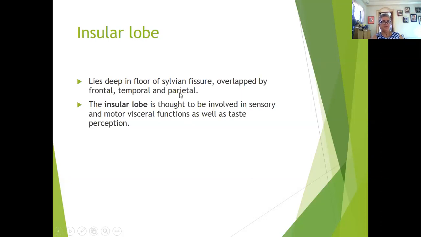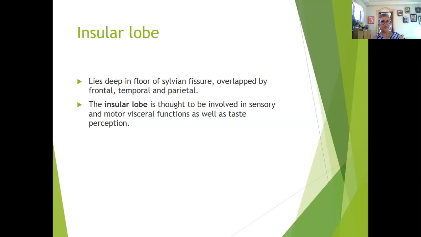Remember, in the practical exam, if Dr. Gasco will open up the lateral fissure of Sylvius, and put a clamp in between the fissure, and he will ask what is at the tip of this clamp. That is the insular lobe.